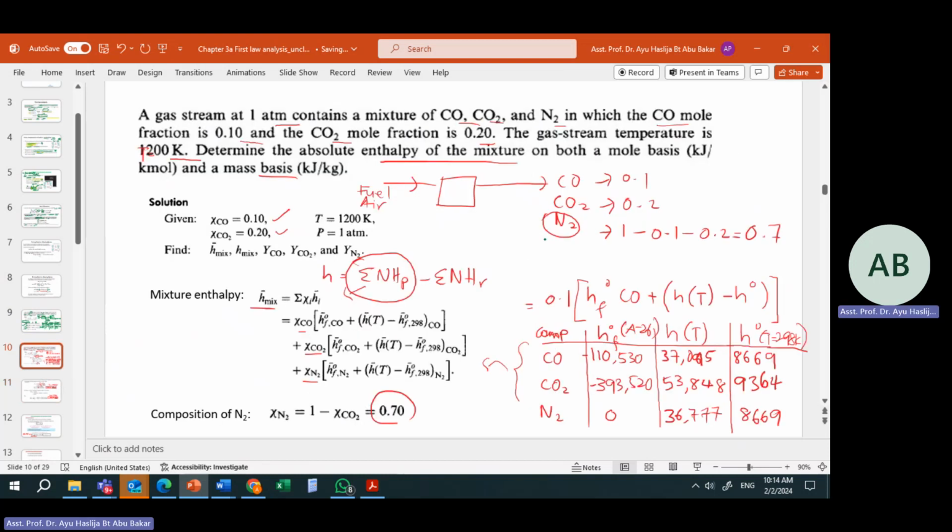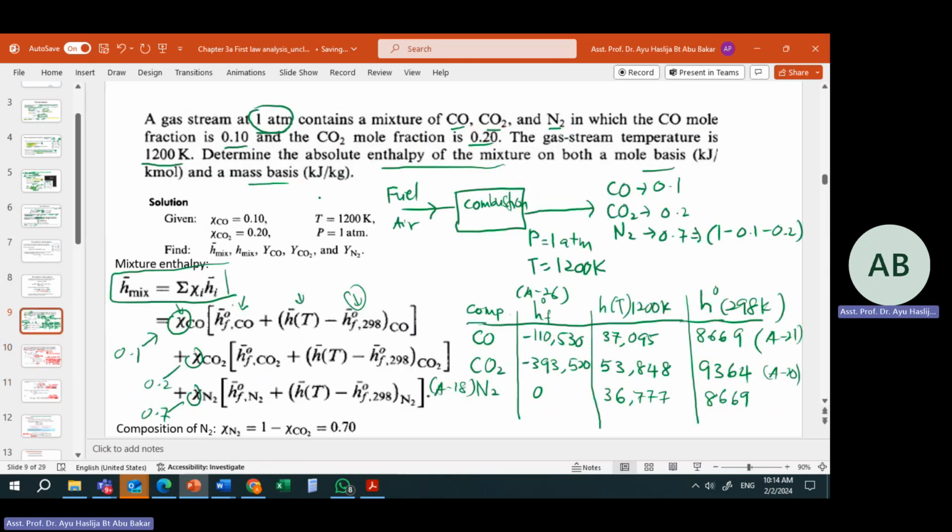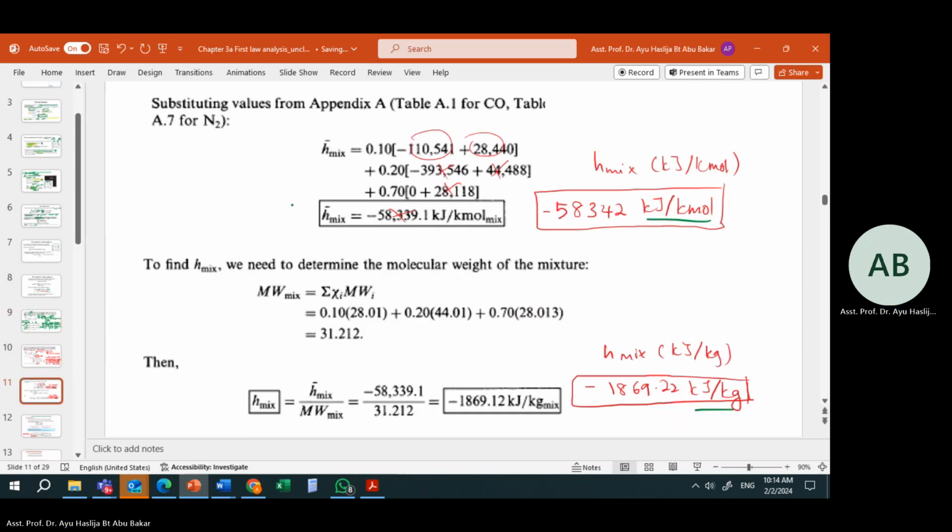Mole basis and mass basis. Okay, so for mass basis, kita kena divide by the mass, which involve the molecular weight of the mixtures. So 0.1, which is the CO, multiplied by the molecular weight of CO. Then this one is CO2.